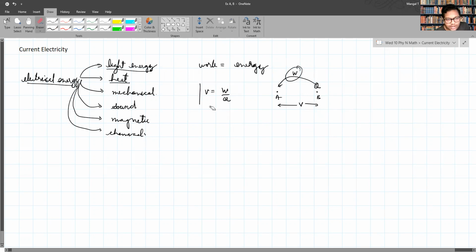So when you talk about electrical energy, we can say that W is equal to V into Q. Okay, so that can be termed as one of the equations.